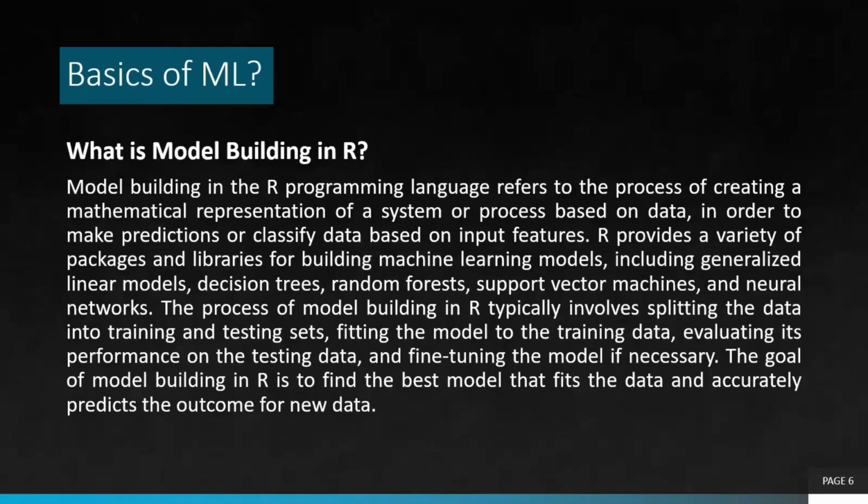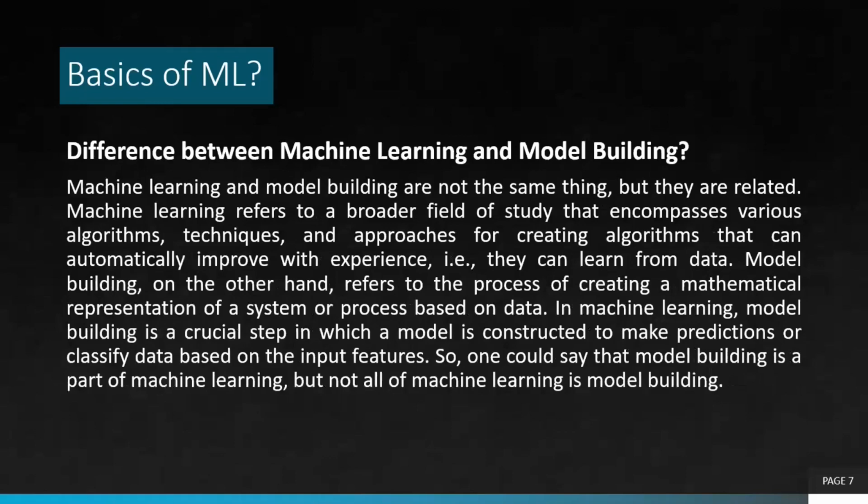Now, you don't have to worry about these things because we will dive into each of these topics in the next videos. So let's see the difference between machine learning and model building to make things more clear. Machine learning and model building are not the same thing, but they are related. Machine learning refers to a broader field of study that encompasses various algorithms, techniques, and approaches for creating algorithms that can automatically improve with experience, i.e., they can learn from data.